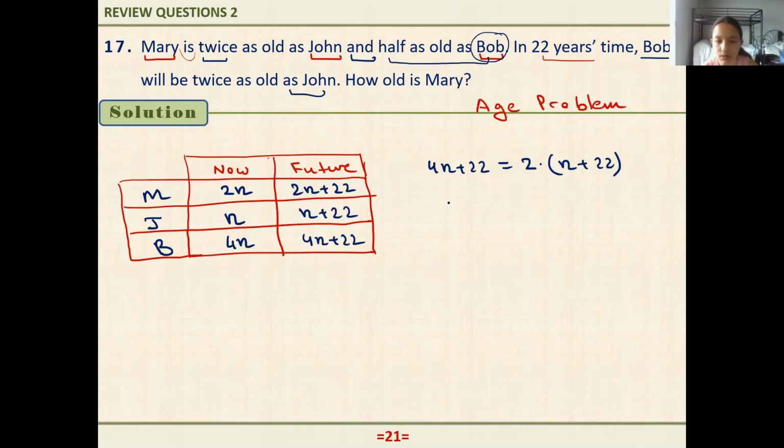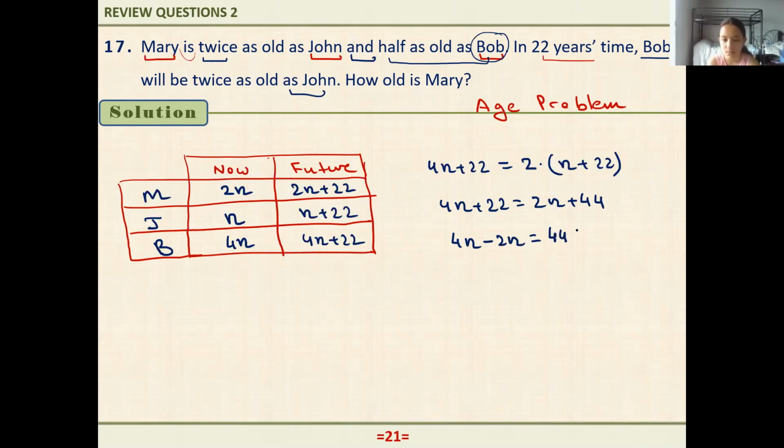So if we solve this equation, 4n plus 22 equals 2 times n plus 22, so 2n plus 2 times 22, 44. Now we have 4n, take to the left-hand side, minus 2n equals 44.